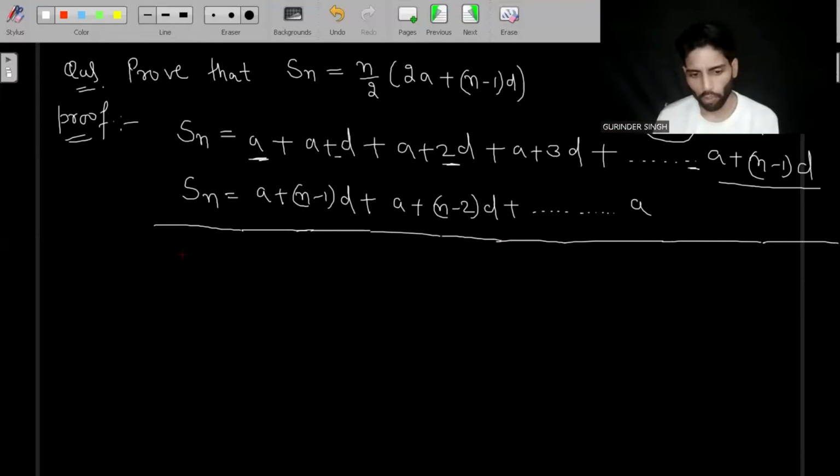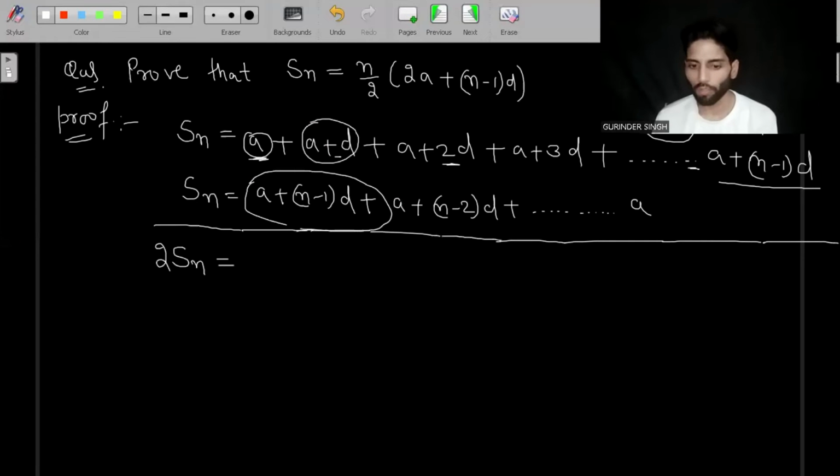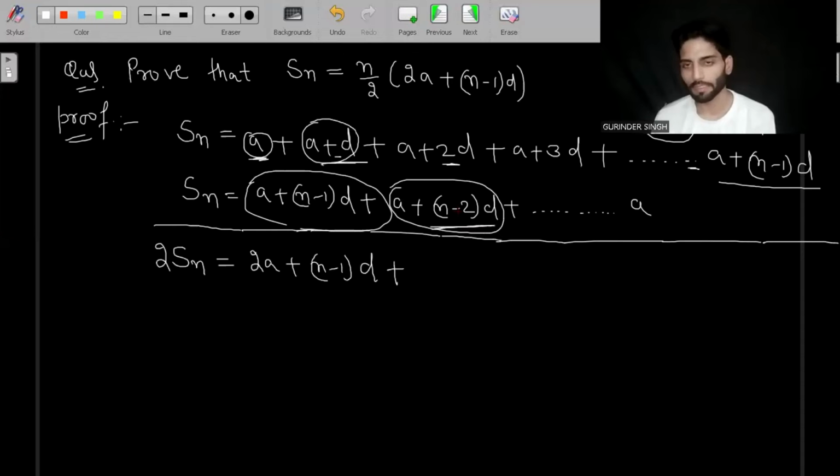So this will be 2Sn, and this is equal to the first term added to the first term of this, and the second term added to the second term of this. So this will be 2a plus n minus 1 into d, adding the second terms of these two Sn's.